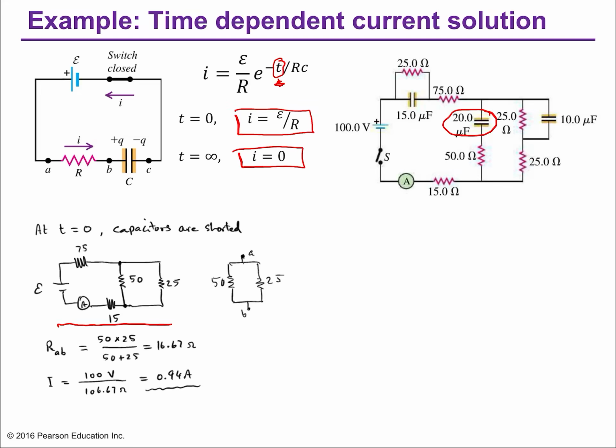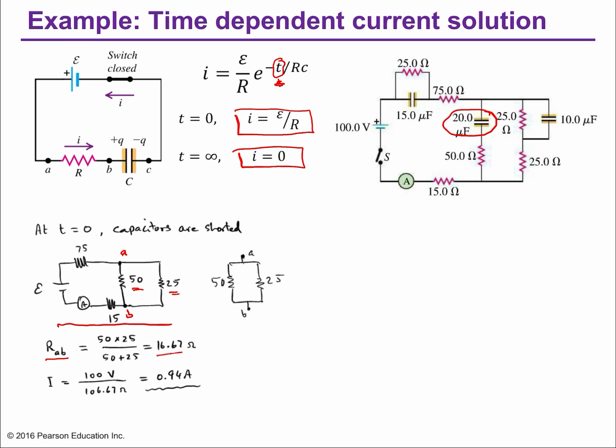Notice that the 50 ohm and the 25 ohm are in parallel. So if that's point A and that's point B, I can find the equivalent resistance RAB, which comes out to be 16.67 ohms, and just between points A and B, insert a resistor of the value of 16.67 ohms.